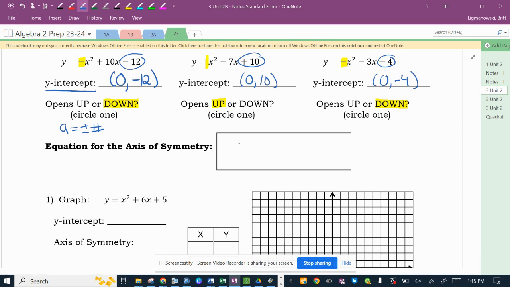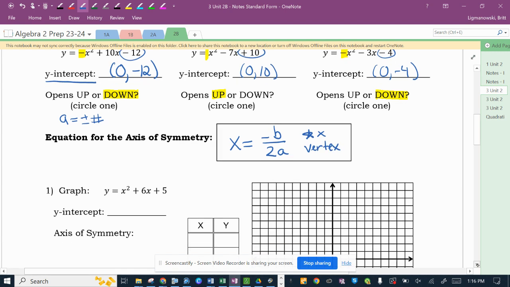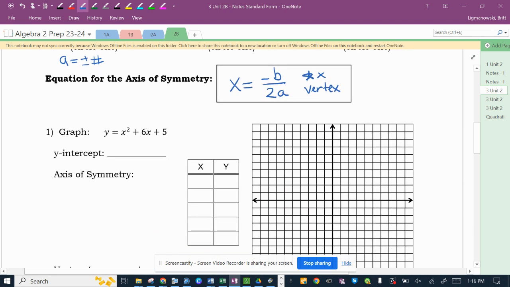When we are trying to find the axis of symmetry in a standard form equation, we're going to use this little formula, opposite of b or negative b over 2a, and that's going to help us find that axis of symmetry, which is also the x of our vertex. Keep that in mind. So let's think back to solving quadratics.